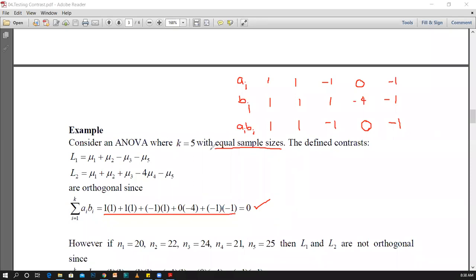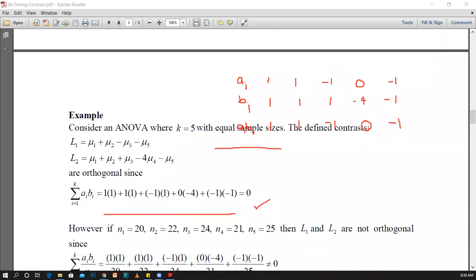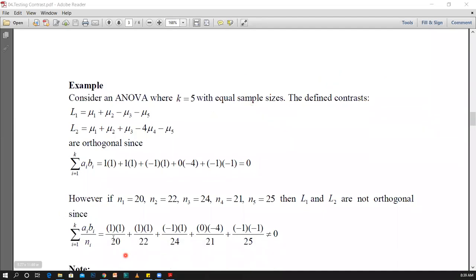Now, consider the same example with unequal sample sizes. The sample sizes are given as 20, 22, 24, 21, and 25, and we can show that the contrasts are not orthogonal. What we have to do is check the summation of ai times bi divided by ni.